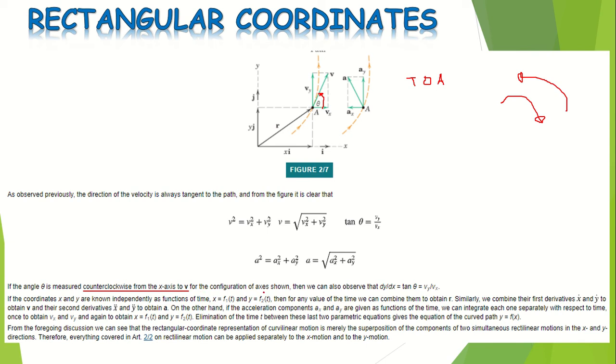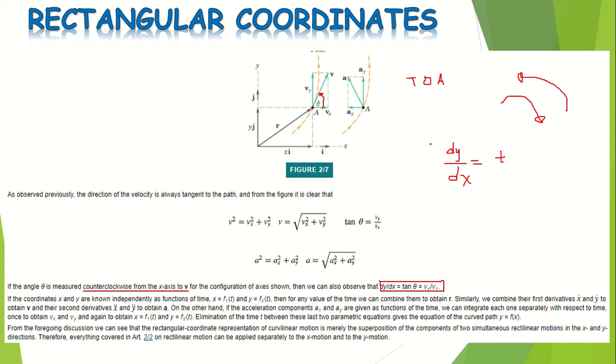for the configuration of axes shown, then we can also observe that the derivative of y with respect to x, meaning dy over dx, is equal to tangent. So remember this concept, class, from our differential calculus. The derivative of y with respect to x, from this illustration here, is just equivalent to tangent.